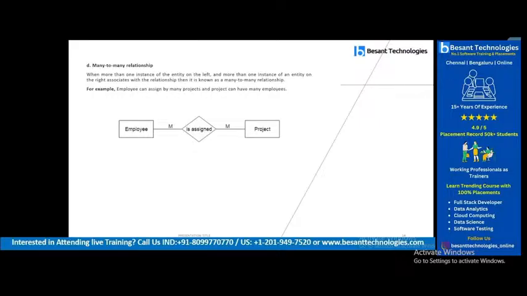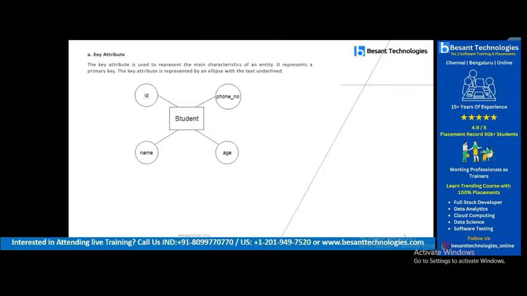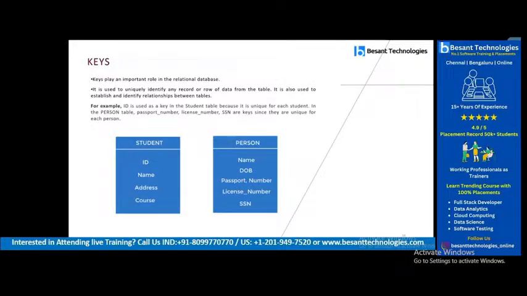Okay, next is keys. We saw this key, right? The key attribute. This key attribute can be further divided into 7 to 8 types. We'll see one at a time. There are two tables here, student and person.